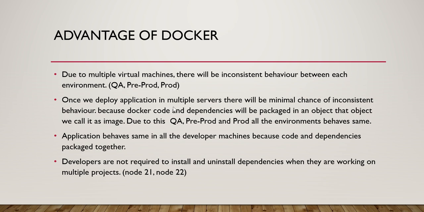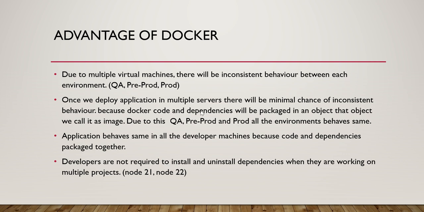Once we deploy applications in multiple servers using Docker, there will be minimal chance of inconsistent behavior, because Docker packages code and dependencies together. When we use Docker and containers and deploy your application in QA, pre-prod, and prod environments, there will be minimal chance of inconsistent behavior across the environments. That is because the container will have all the dependencies which are required for your application to run. So we no need to worry about installing them separately in the QA, pre-prod, and prod environments.